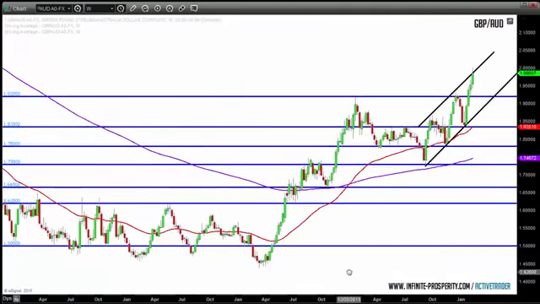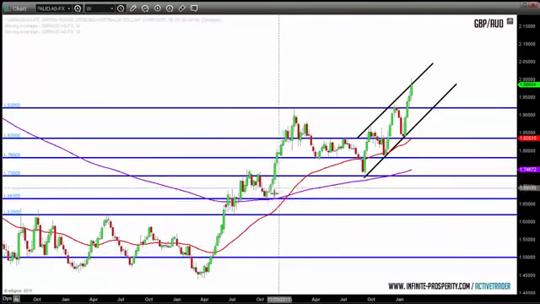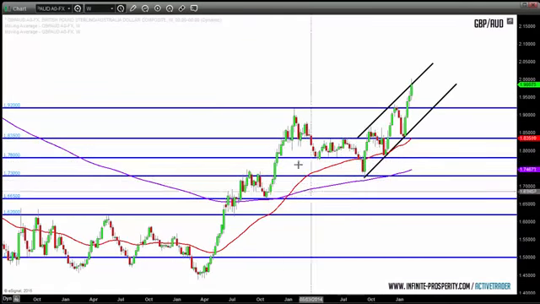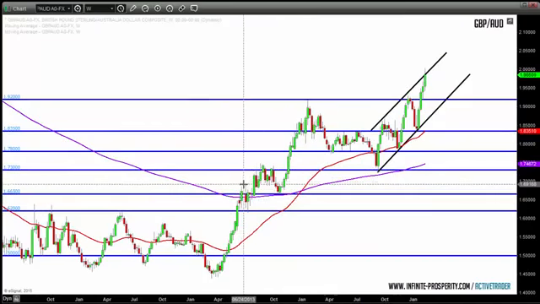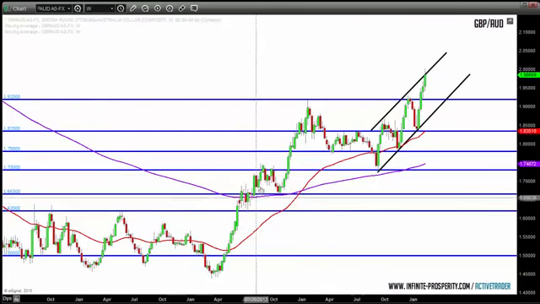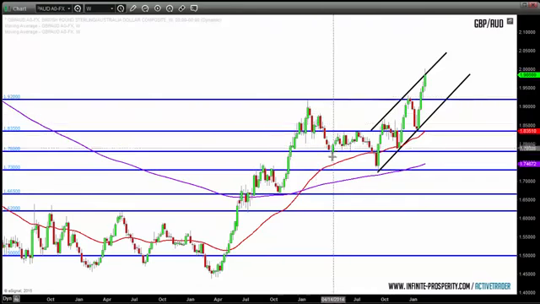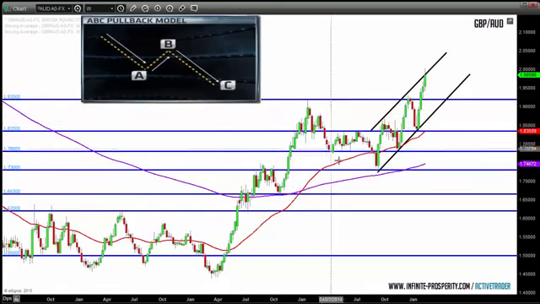So the next thing I want to do is take a look at the overall trend in this market and what's known as an ABC complex pullback. So we can see we were starting to form higher highs and higher lows. Notice higher high, higher low, higher high, higher low, higher high at 1.92, and then we retraced all the way down to 1.73, but we did retrace in what's known as an ABC complex pullback.